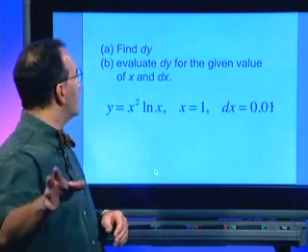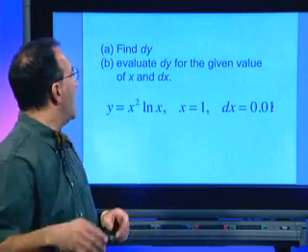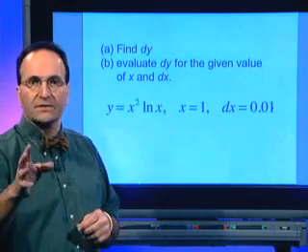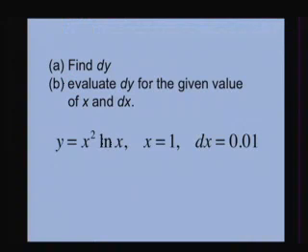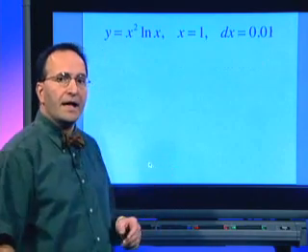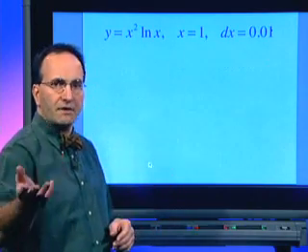Let's say that we want to find dy and then evaluate dy for the given value of x and dx. The function that we're going to use is y equals x squared times log x, where x is equal to 1 and dx is equal to 0.01.